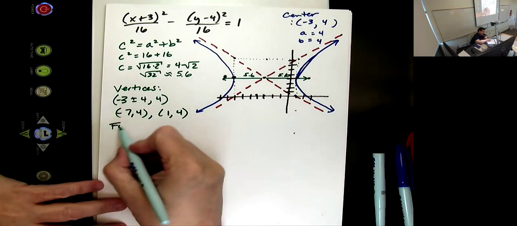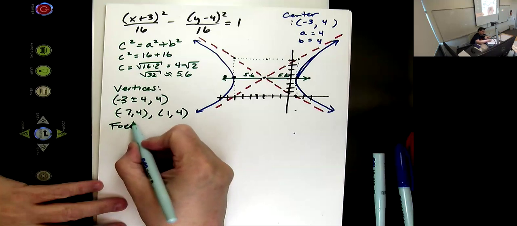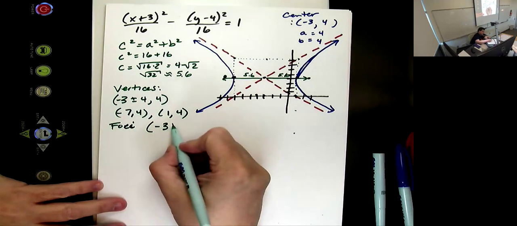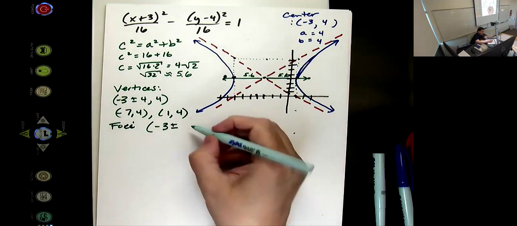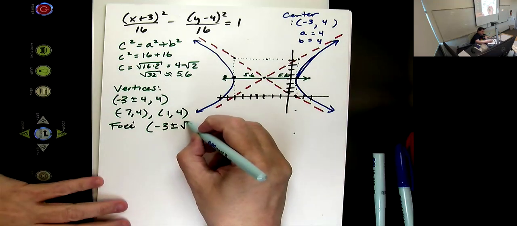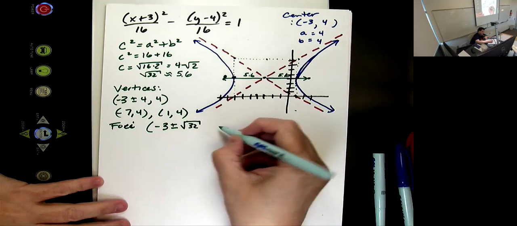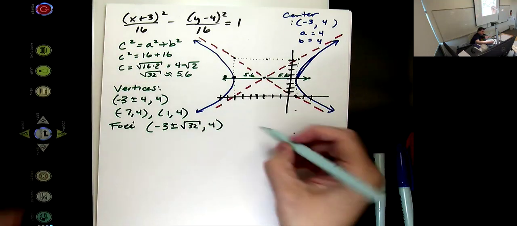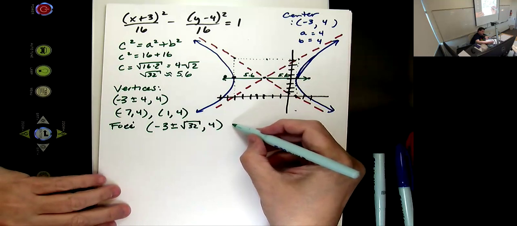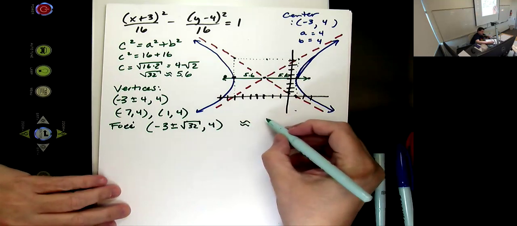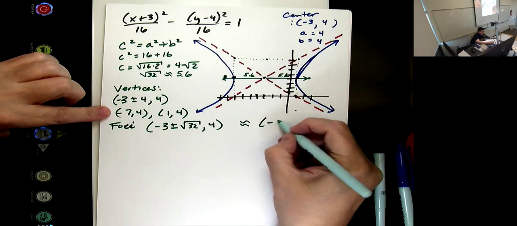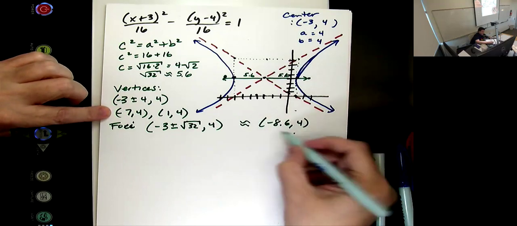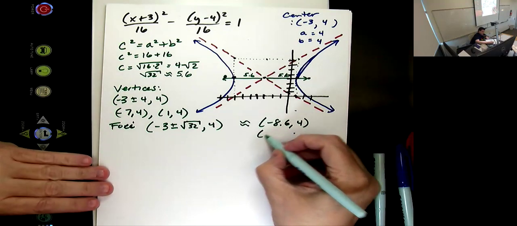The foci are -3 plus or minus C, and that's the 5.6-ish. So approximately -8.6, 4 and 3.6, 4.